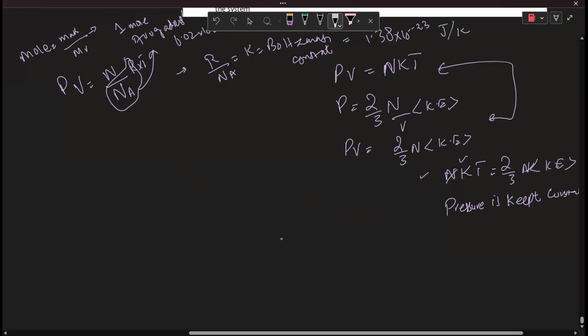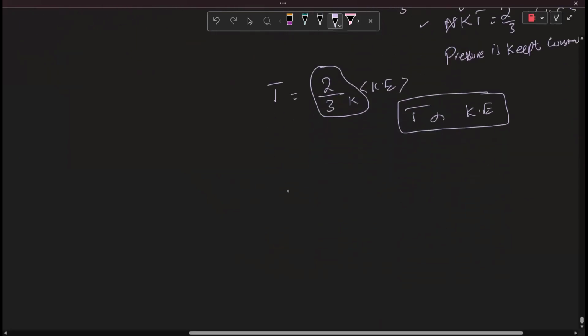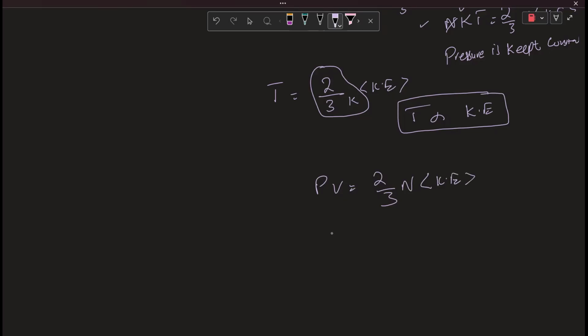So from here, we'll get T equals to 2 by 3K into kinetic energy. These all factors are constant. So hence T is proportional to kinetic energy. And if we go to Charles law from here itself, again we'll take help from PV equals to 2 by 3 N into kinetic energy. And pressure is kept constant, so volume would be equals to 2 by 3 N over P into kinetic energy.